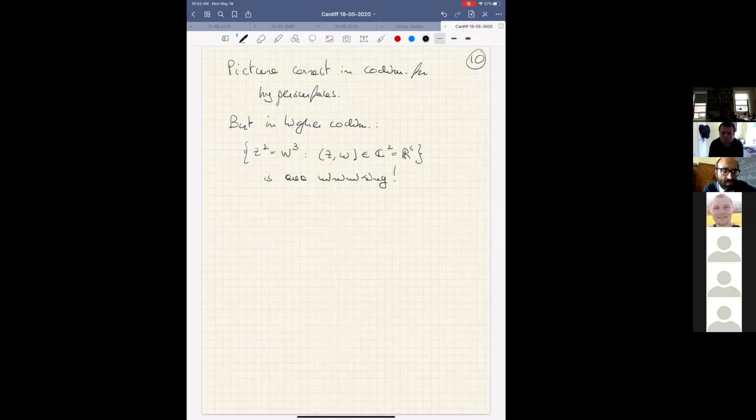And you will notice that this guy is area minimizing, but if you zoom into a neighborhood of the origin, you will see it's not going to be graphical, although in average your surface is very, very small.